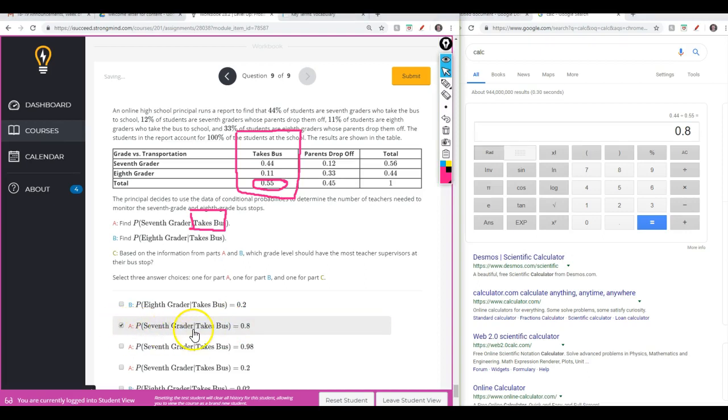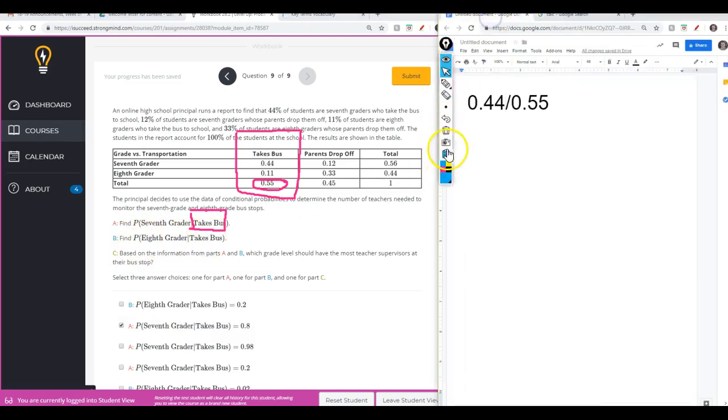So there's A. Now for B, find the probability of 8th graders that take the bus. So again, we're still limiting it because this given is the same, takes the bus. So that means we're automatically going to limit it again to take the bus and have that total be the total that we're going to use to divide it by.